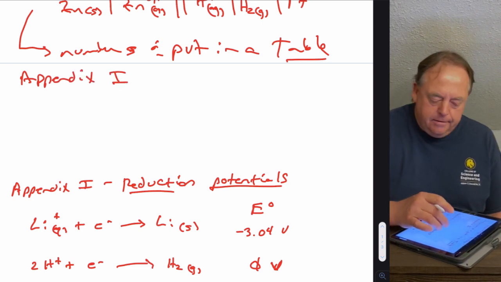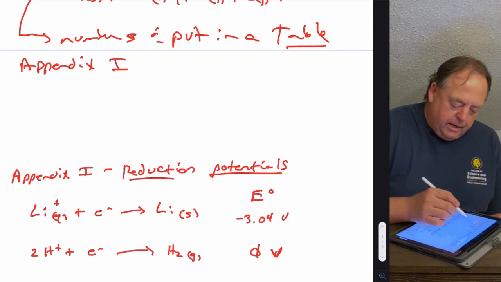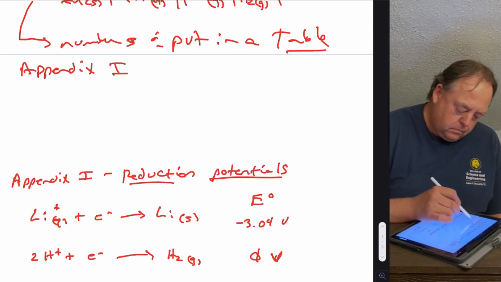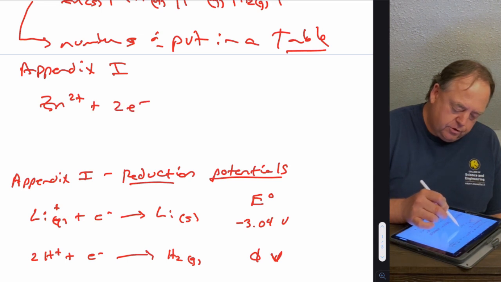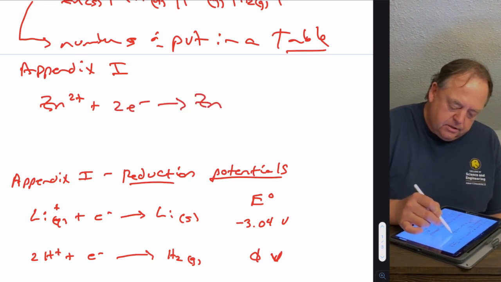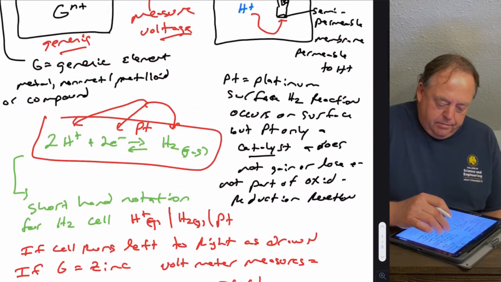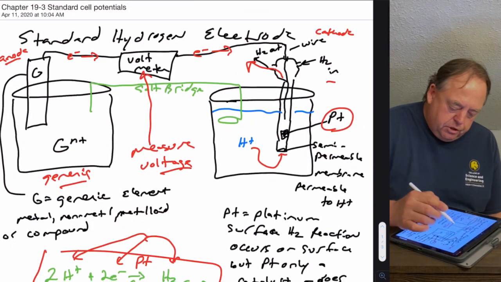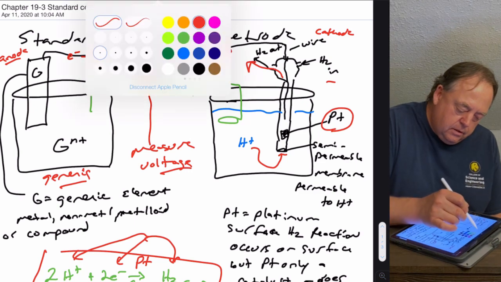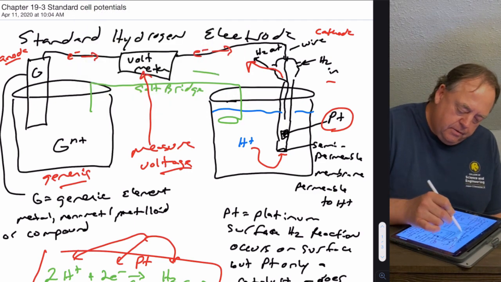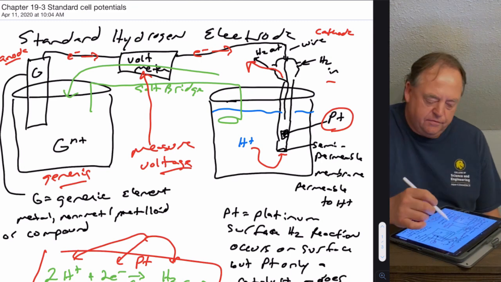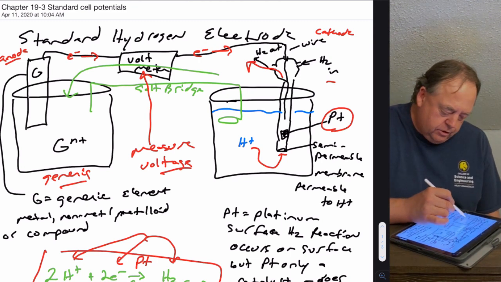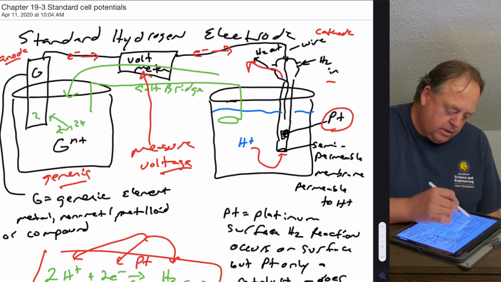It's Appendix I. If you look in Appendix I for zinc, what you'll find is zinc 2+ plus 2 electrons makes zinc 0 solid, which is what you would get if the cell is running this way, from right to left, with zinc 2+ picking up electrons and becoming zinc 0.